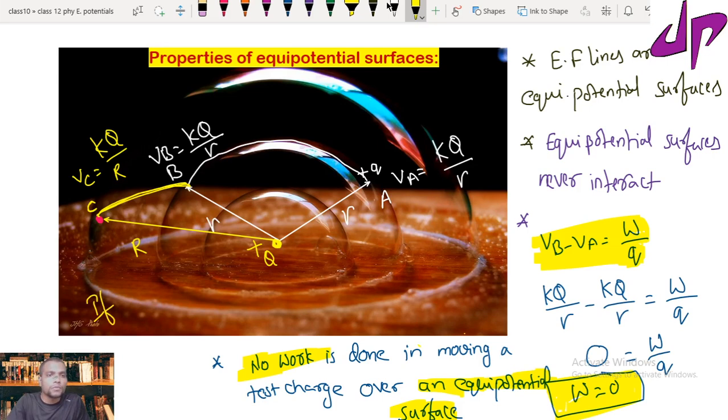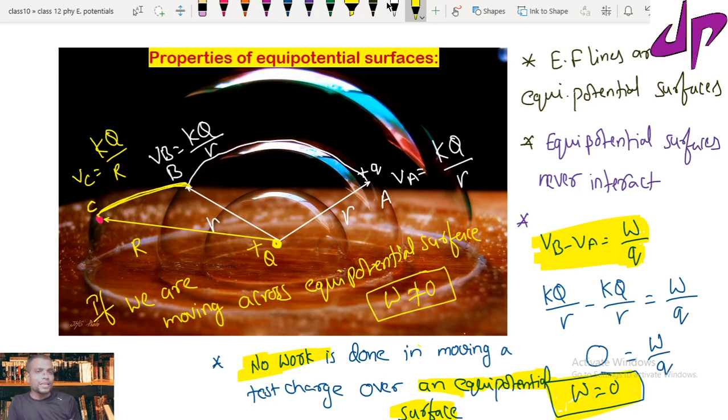So if we are moving across equipotential surface, work done is not equal to 0.